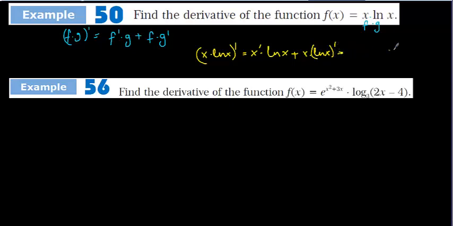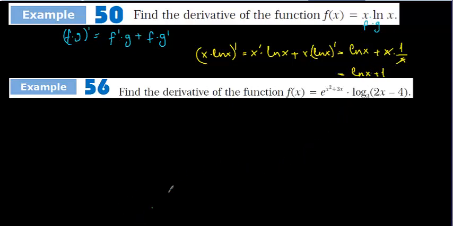That's going to be equal to, x derivative is equal to 1, so it's only ln x plus x times ln x derivative. If you remember from the first page, it's equal to 1 over x. This x and this x simplify, so the answer is ln x plus 1.